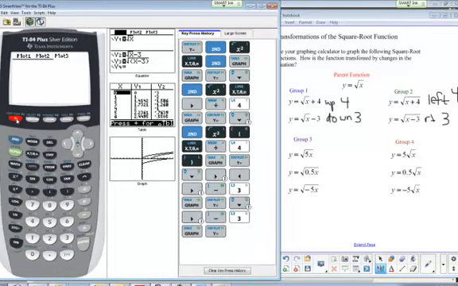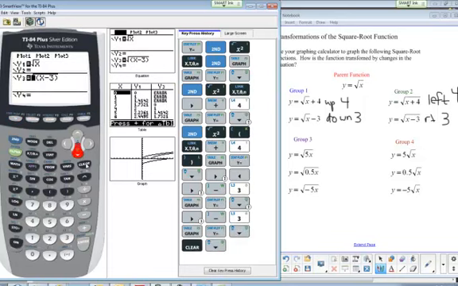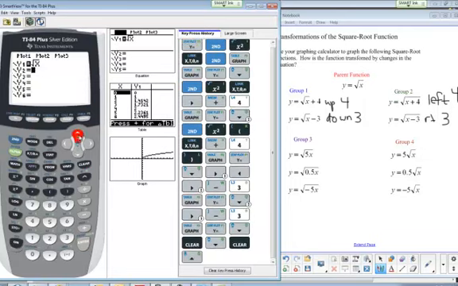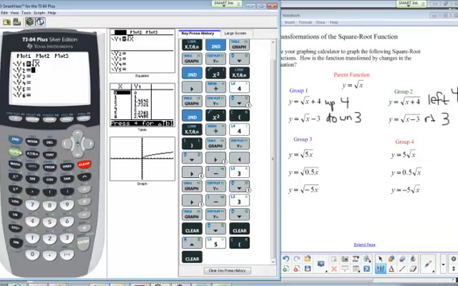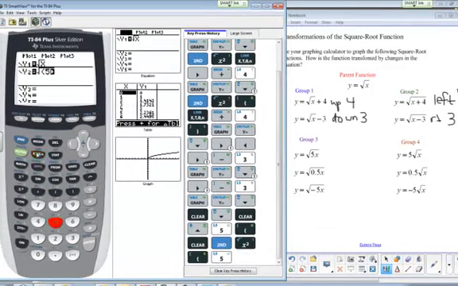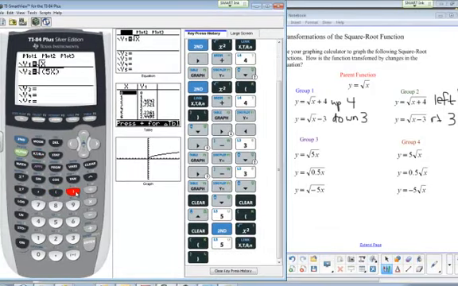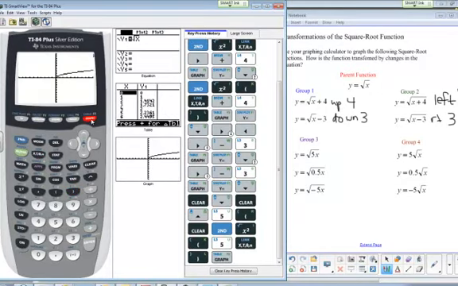Alright, so now let's do this 5x. What do you think is going to happen if we do 5 times the square root of x? So 5 times, oops, I'm doing the wrong one, square root of 5x, square root of the whole thing. That appears to make it steeper.